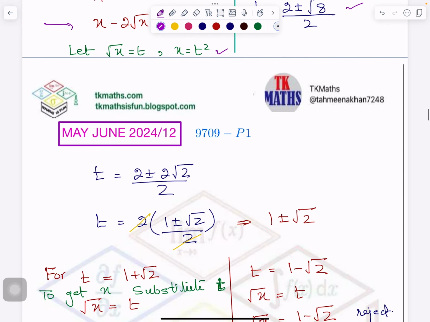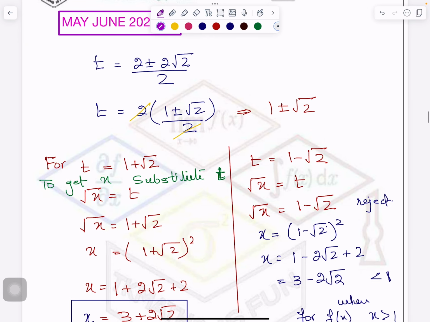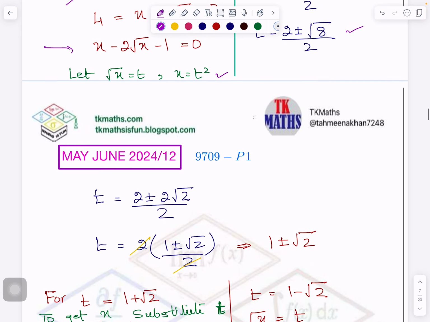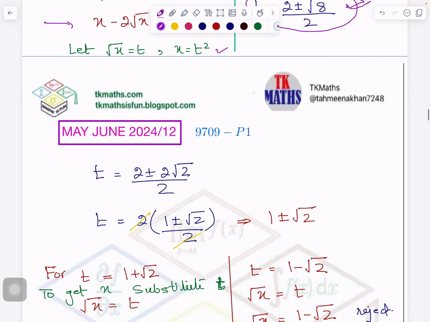So I'm substituting it back here, and I got here, this one. I'm further simplifying it. You will have a calculator. The steps I am showing just to explain it to you, but otherwise using the calculator you will get these answers immediately, so your time can be saved.